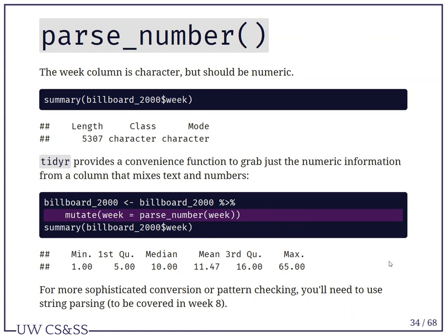And we look at the summary for week now. We don't have something that says class character and mode character. We can get numeric information about the summary of the weeks. For more sophisticated conversion or pattern checking, we'll need to be using string parsing, which we'll be covering in week 8 of this course.